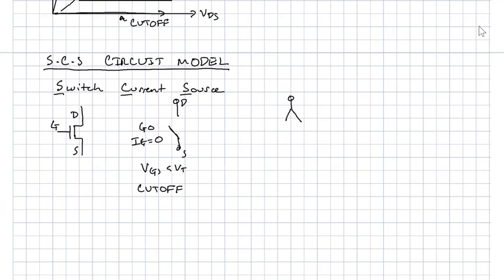And when it's in saturation, we have a dependent current source between drain and source. We still have a gate electrode, which is doing an important control function, but no current is flowing. In this situation, we model that dependent current source, and we write it to remind ourselves that it's a function of VGS. So it is not a function of VDS.